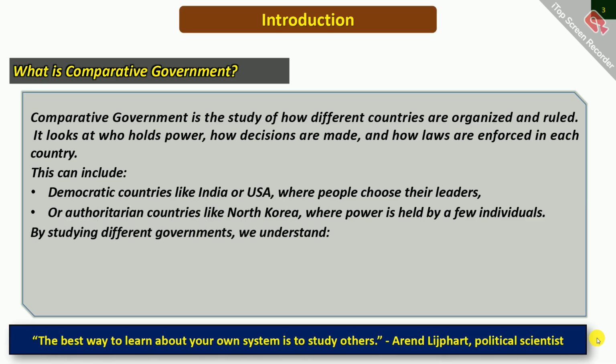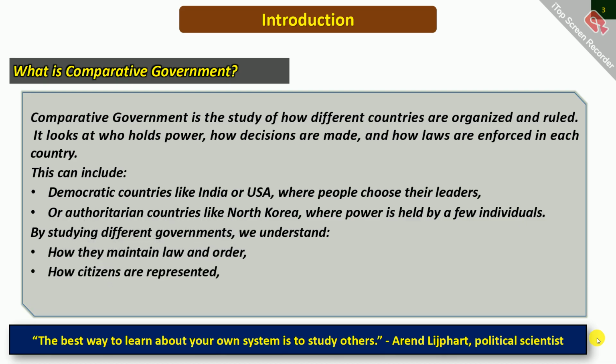By studying different governments, we understand how they maintain law and order, how citizens are represented, and how rights and freedoms are protected. The best way to learn about our own system is to study others.